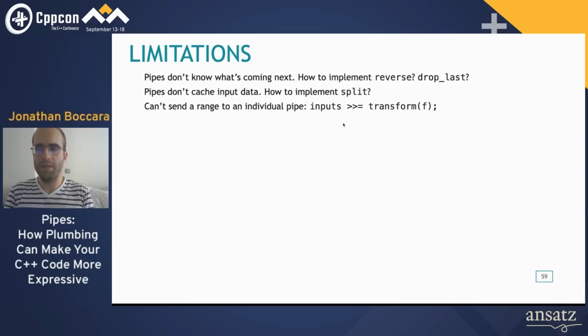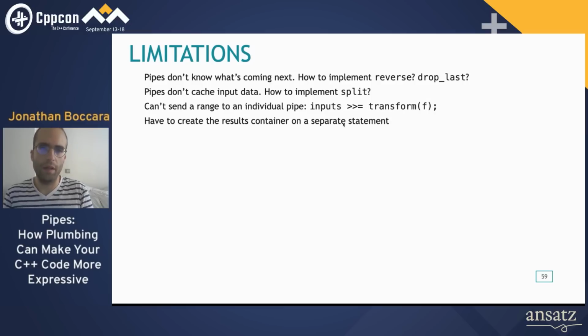But when we send the inputs, it has to be a whole pipeline, because the inputs are not going to be cached in the pipes, they're just going to flow through. So the pipeline has to end, right? The inputs are not going to end in the void. I mean, it can end with dev-null, but it has to end with something. So you can't have a partial expression with just the inputs and a subpart of the pipeline.